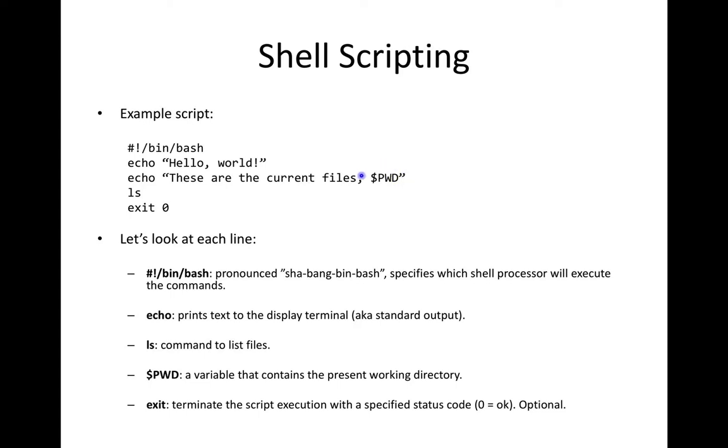Well, anything that starts with a $ sign in our shell script is going to represent a variable. In this case, this is a special variable which tells the interpreter to print out the current directory that the user is working in.